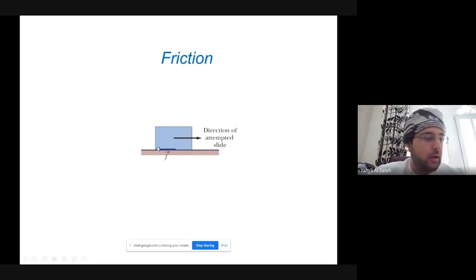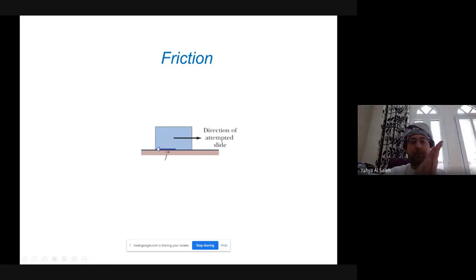Friction. Pretty much everyone knows friction. If two things are in contact with each other and one is sliding over the other, there's something opposing this motion.